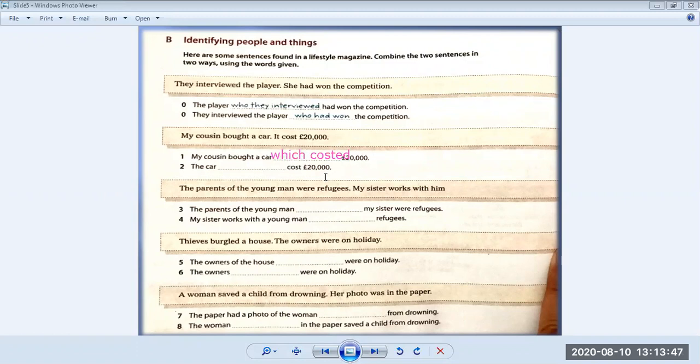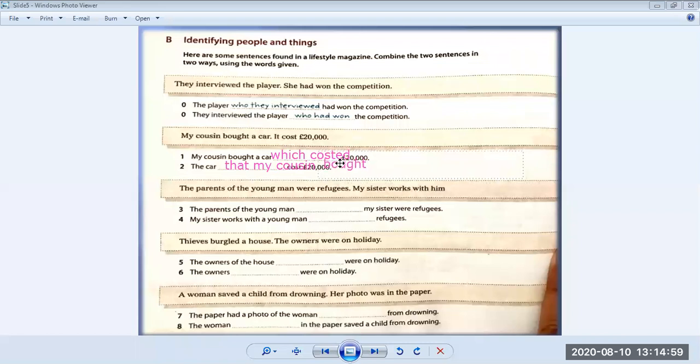So the car who my cousin bought, the car that my cousin bought cost 20,000 pounds.